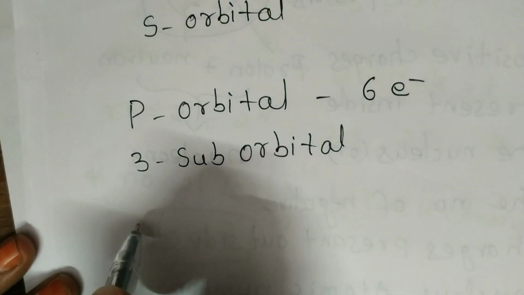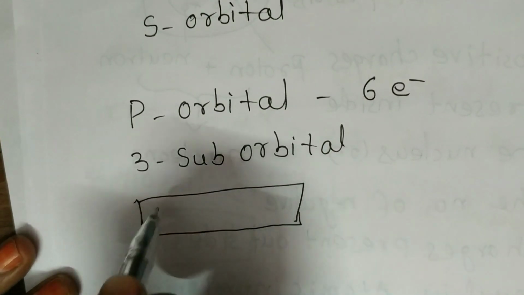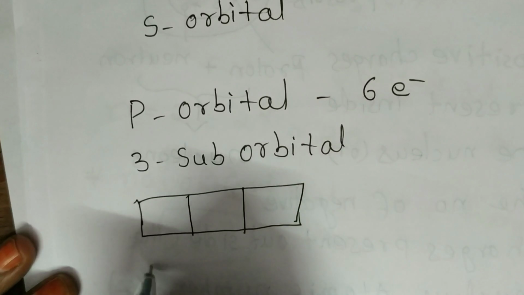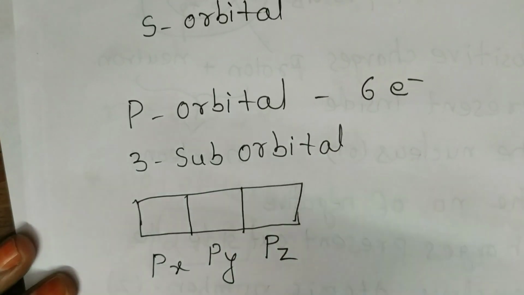In a diagrammatic representation, the p orbital is drawn like this: px suborbital, py suborbital, pz suborbital.